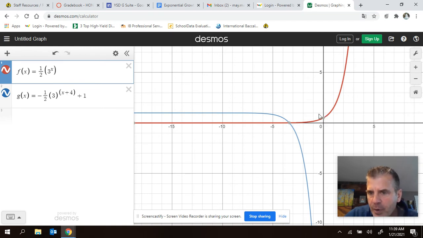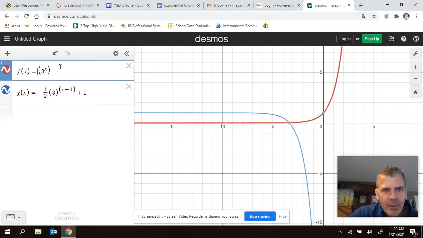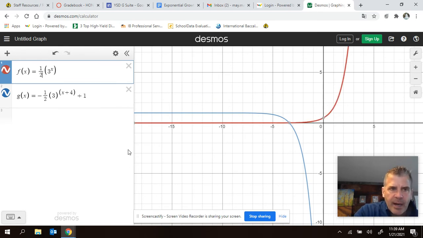It was going through at 1. We know it would go through at 1 because the beginning value there is like having a 1 times that, going right along with our y-intercept concepts from before. But now if you put it in as a 1/2, watch it compress, it moves down toward the x-axis.